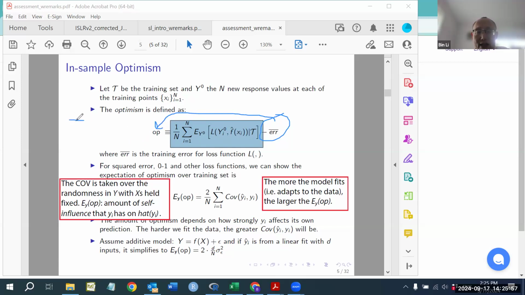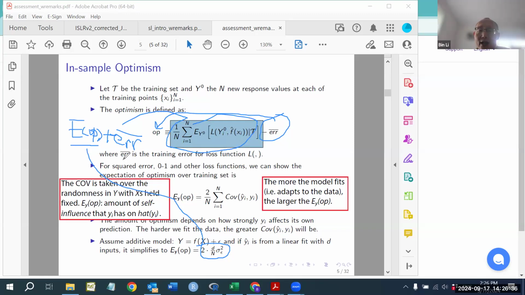Okay, so we have the expected in-sample optimism plus the training error, because when we move it to the left-hand side, the negative sign becomes a positive sign. Is that right? Because we now have these results, that gives us the training error plus this term, and that can be used as an estimate of the in-sample error.